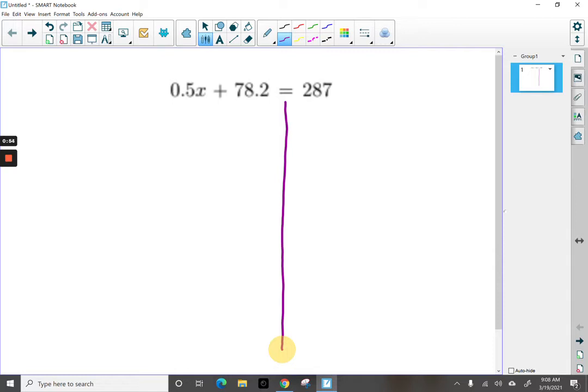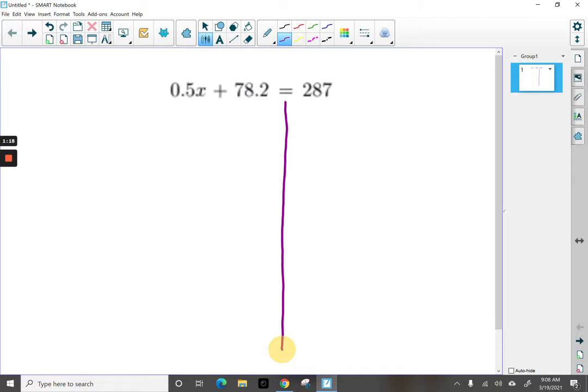This separates our problem into two parts, the left side and the right side, and both of these parts are equal to one another. So our goal here is to get rid of everything that is currently on the left side of this problem, which includes the 0.5 and the 78.2.